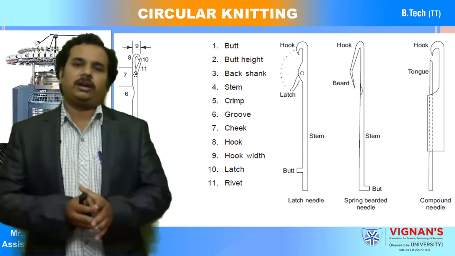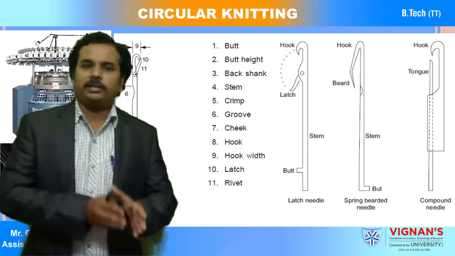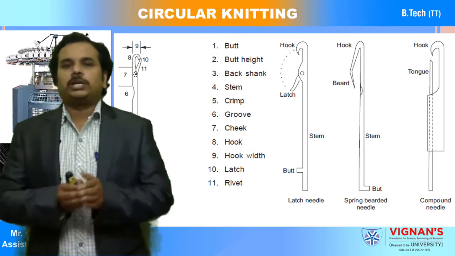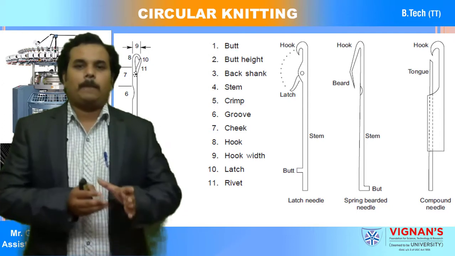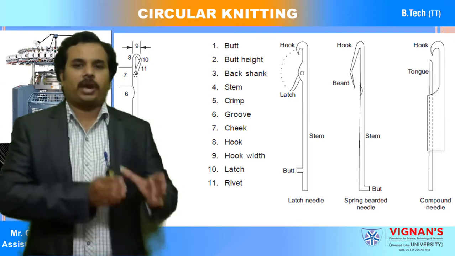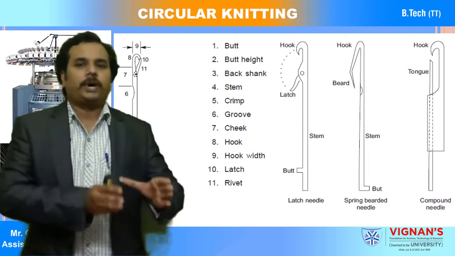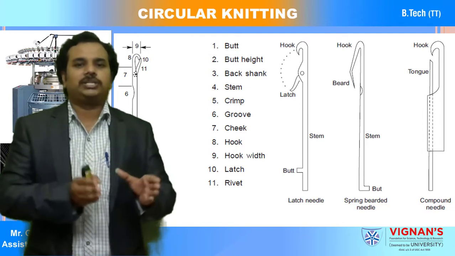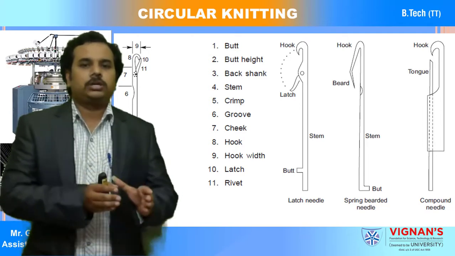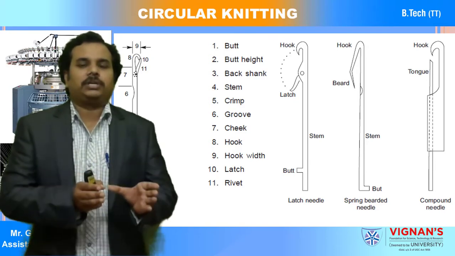We will clearly discuss, beside the figure, where you can see the butt and the butt height, back yarn, stem, pin and the blue part, the cheek part where the latch is available, and hook with latch and the rib.